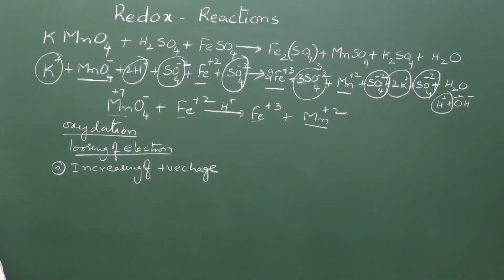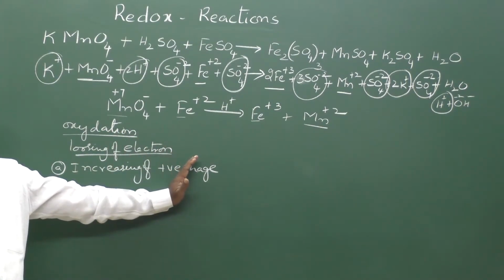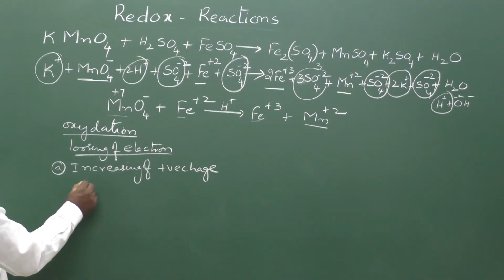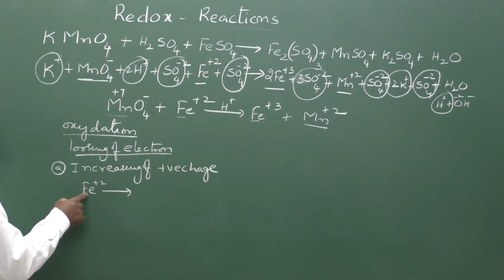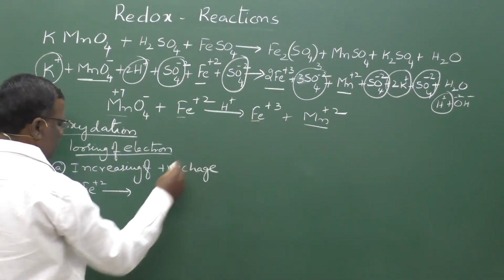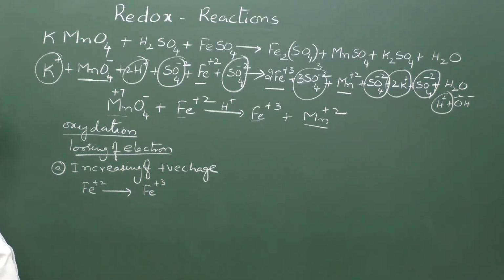If any ion has less positive charge on the reactant side and more positive charge on the product side, that is called oxidation. For example, Fe is in the form of a plus 2 ion on the reactant side and a plus 3 ion on the product side. So here the positive charge is increased.